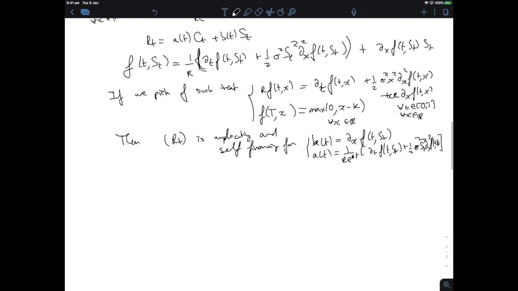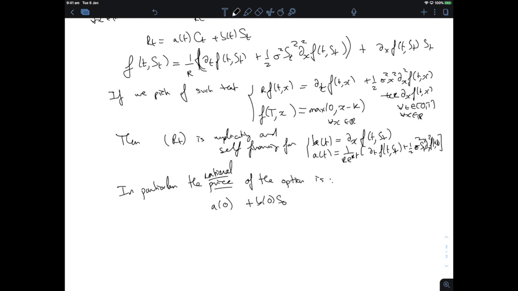So if we have such a solution, we get that the rational price, keyword being rational, the only possible price that we could rationally agree upon of the option is A0 plus B0 S0.